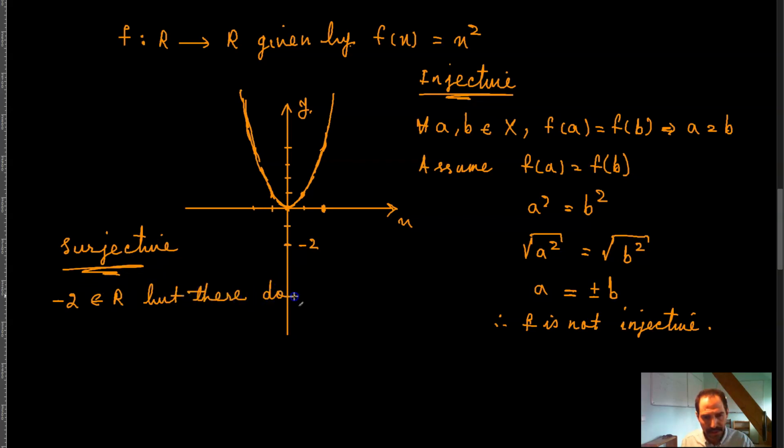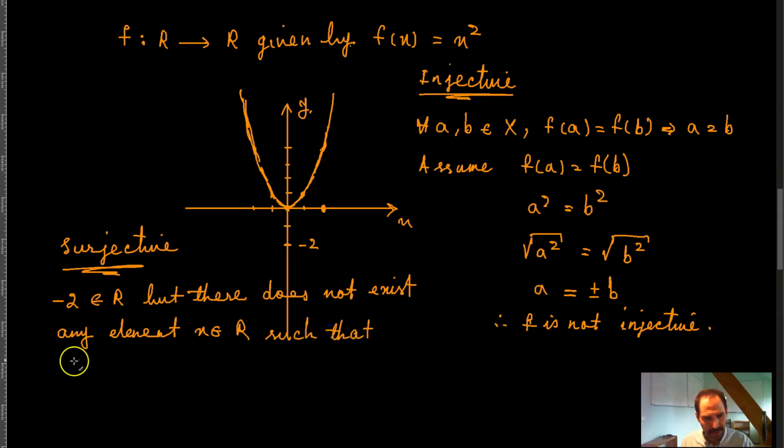such that f of x is equal to x squared is equal to -2, right?